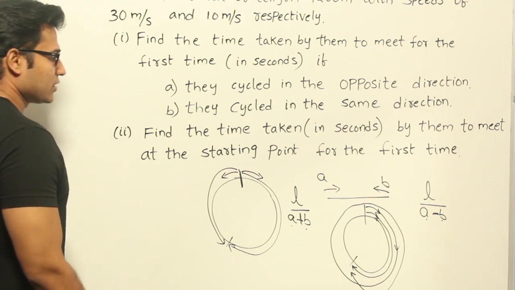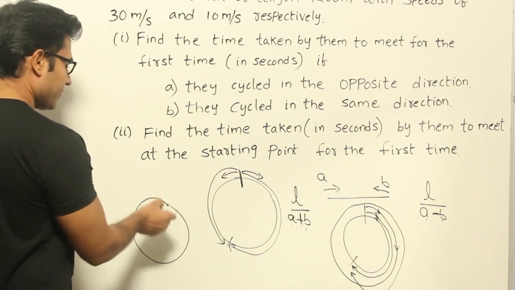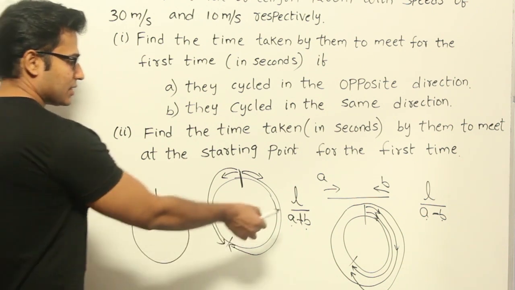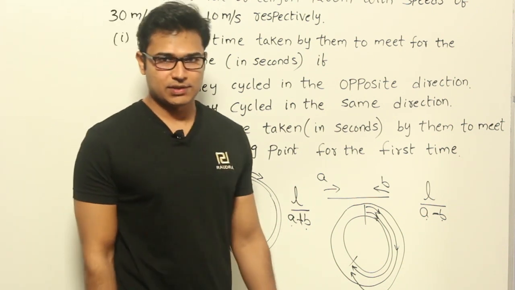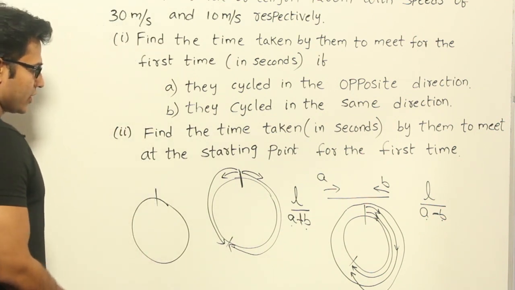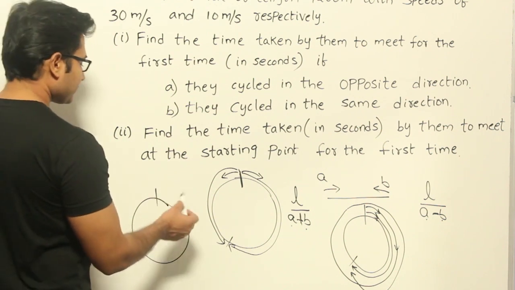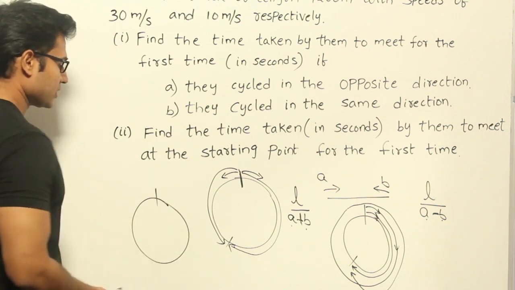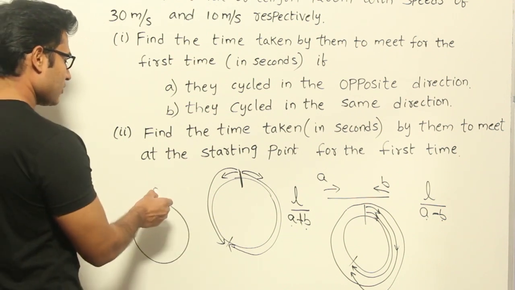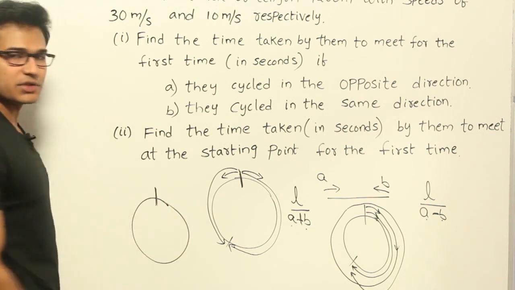Now, one more model they can ask you is when they are going to meet first at the starting point. Irrespective of which direction they are moving, the answer is always going to be the same, either they move in the same direction or in the opposite direction.